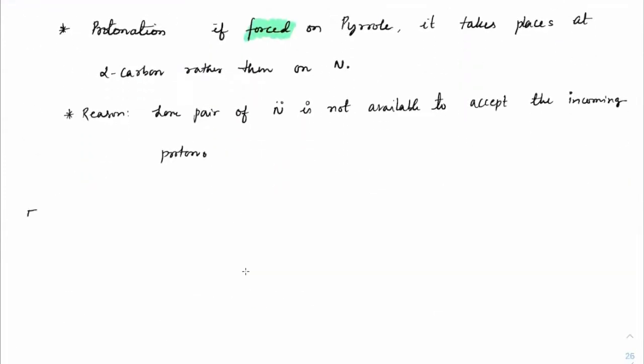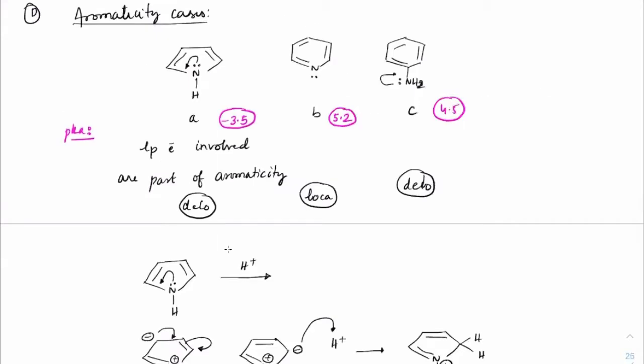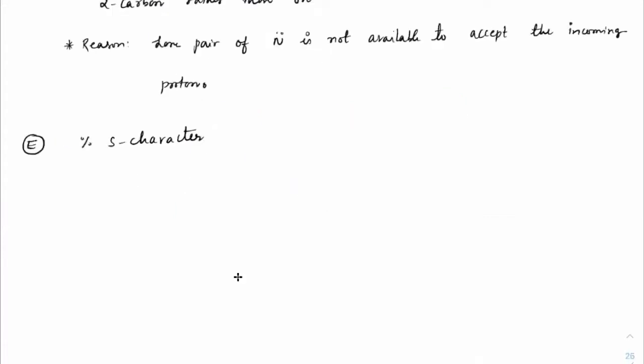Yes, beta. How do we compare A and C? Aromatic delocalization is always less favorable compared to regular delocalization.